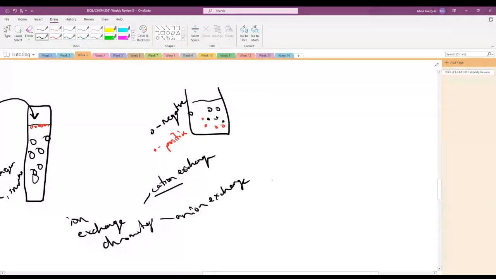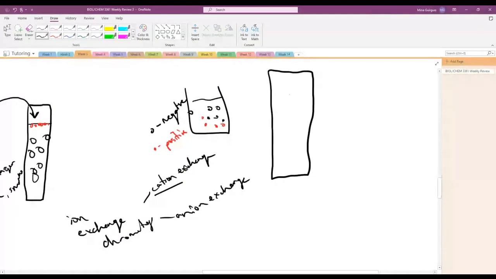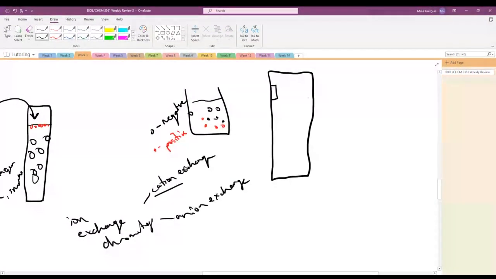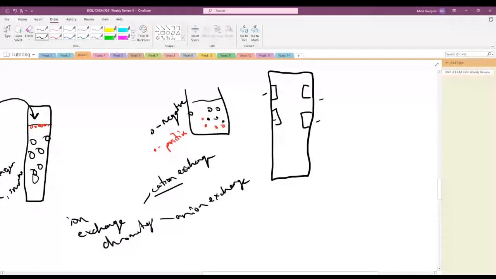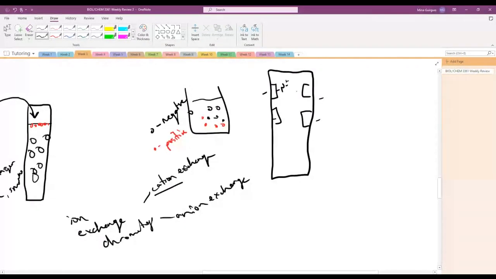So I have my column, and I'm going to draw it intentionally wide so I have room to actually draw. What I'm going to do is put these things along the sides. This is a cation exchange, so these are going to be really negatively charged, and they're going to be attached to sodium ions, maybe.